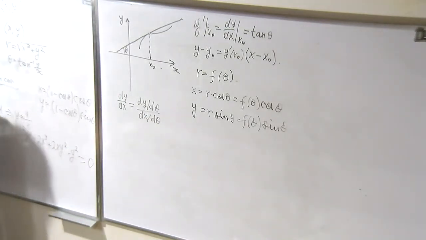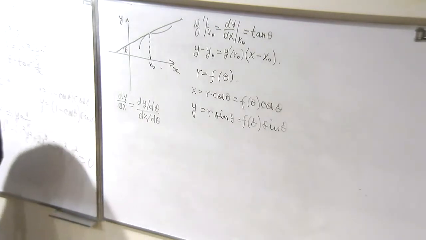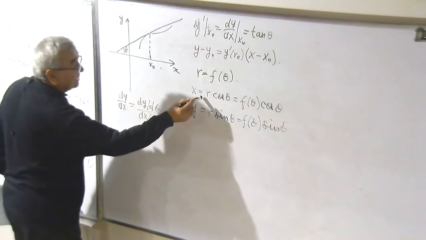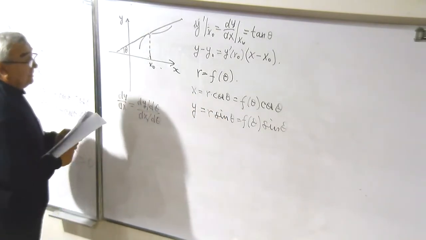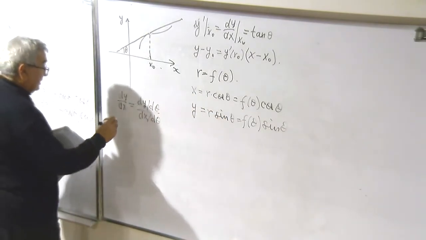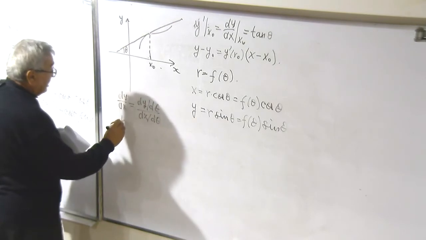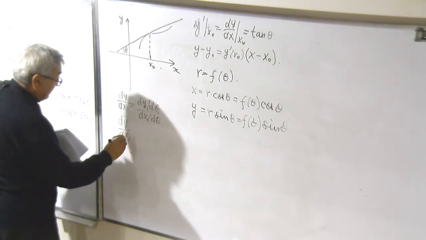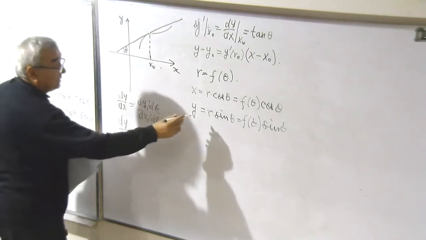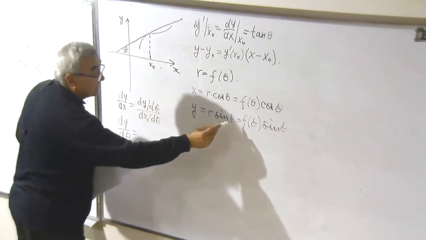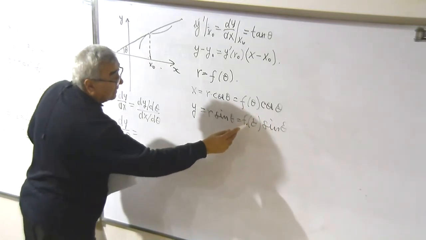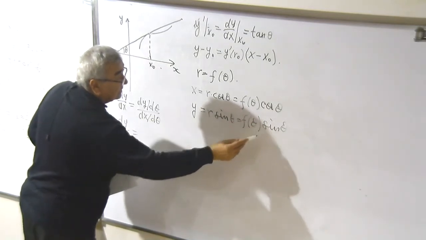Let us calculate this derivative and this derivative. That means the derivative of this function and these functions. Let us initially find dy/dθ. That means it is necessary to take the derivative of the product of f(θ) and sin θ.